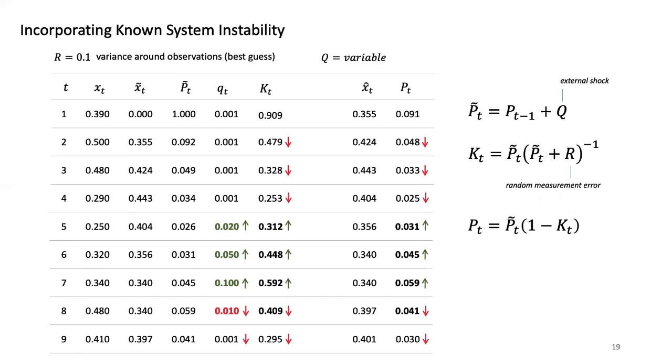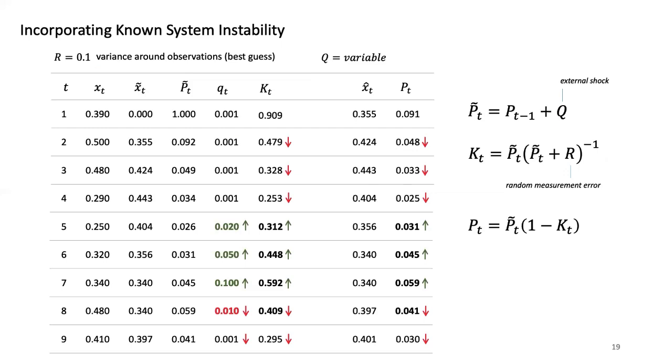So instead of holding that Q variable, which accounts for system shock, at a constant low level of 0.001 for periods 1, 2, 3, and 4, I increased the Q value to 0.005, essentially 5 times as much, in periods 5, 6, 7, and 8.